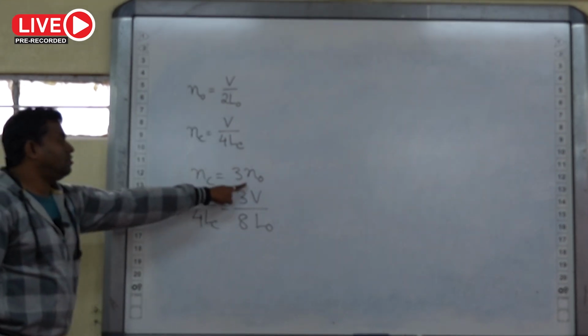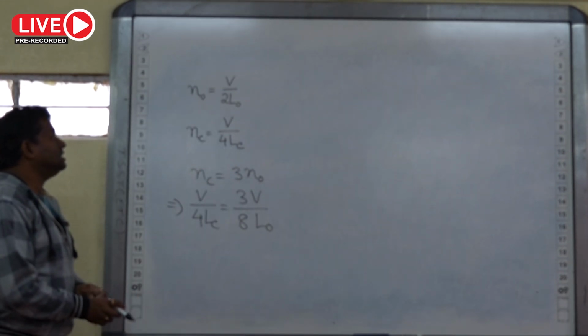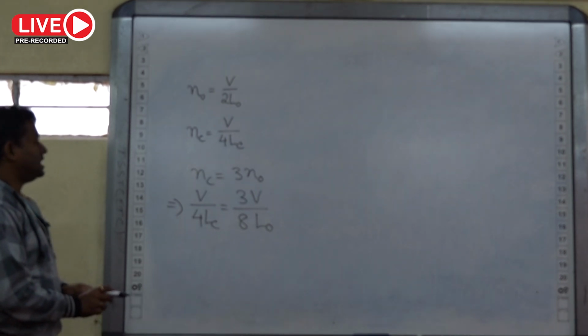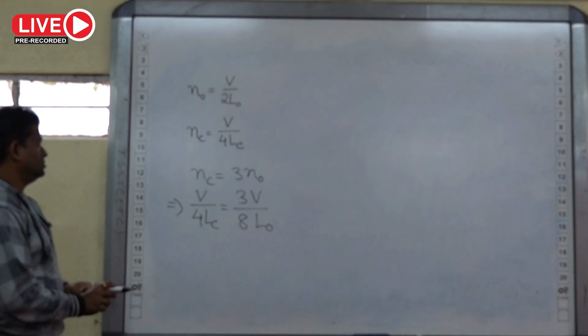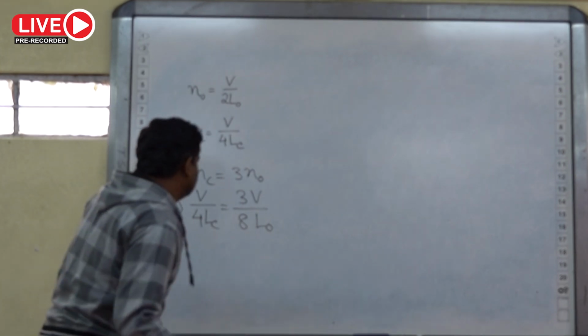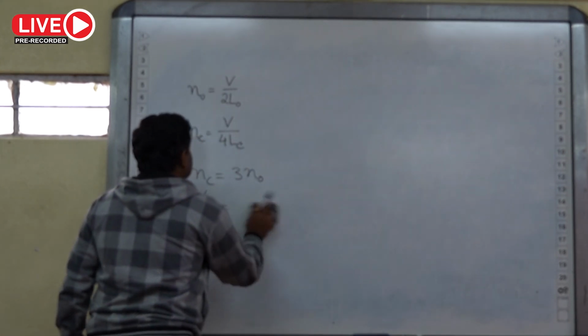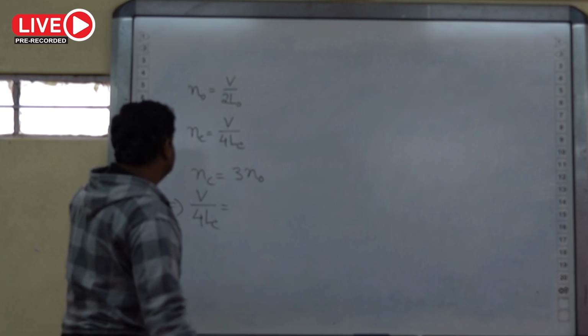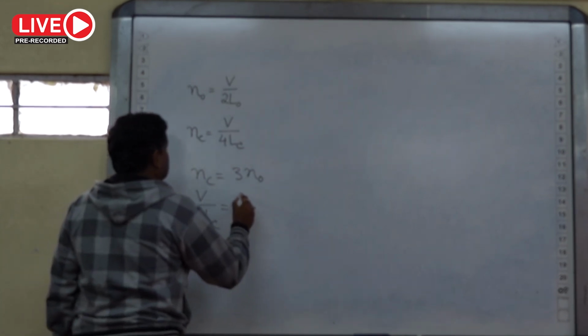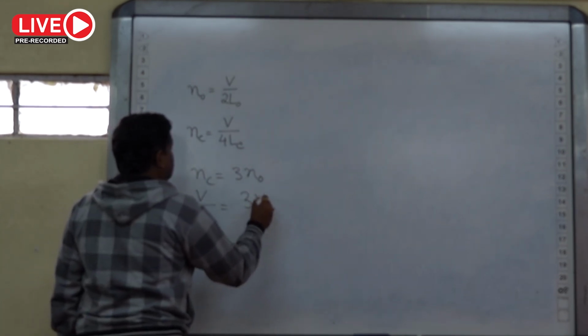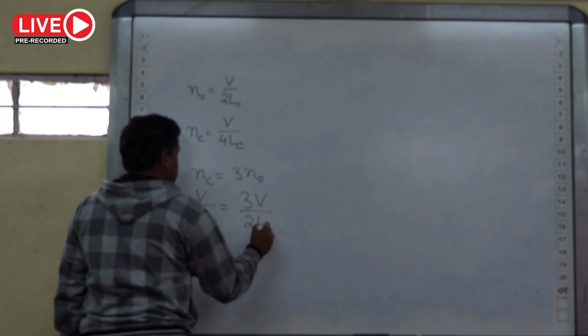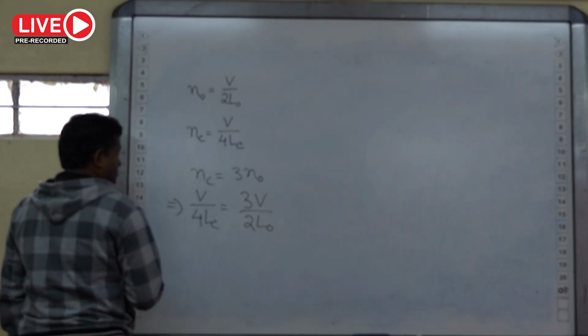I substitute NO here, so it will be 3V by 2LO.